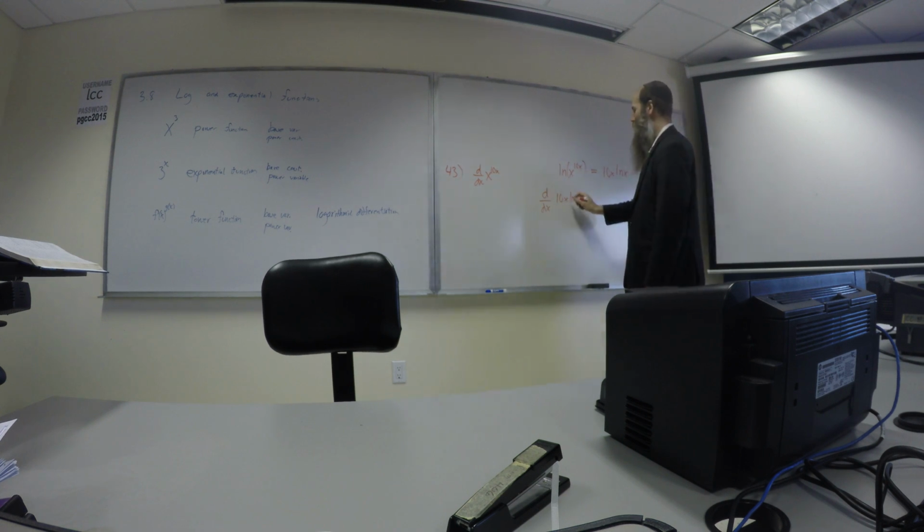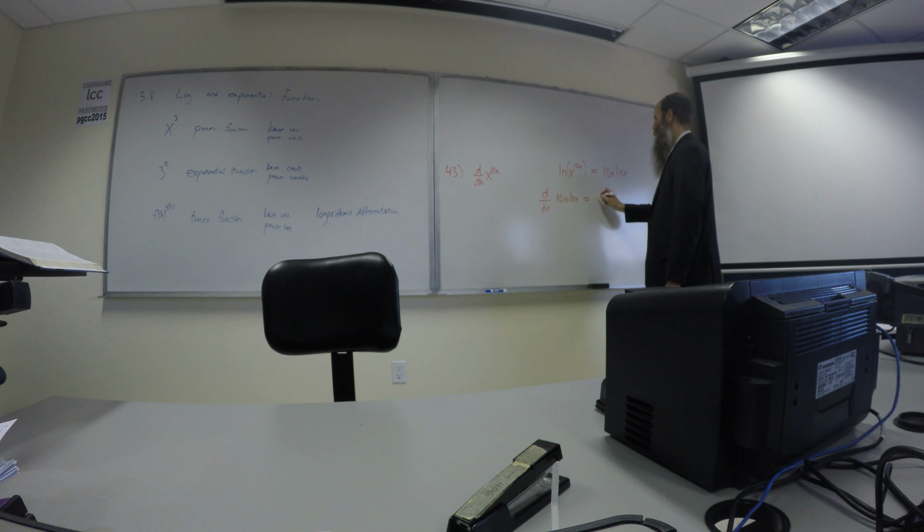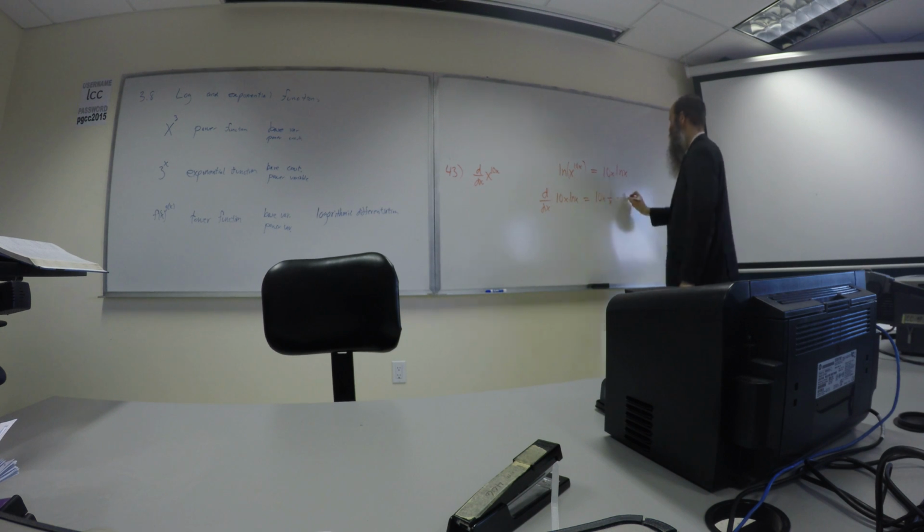So this is fairly straightforward now, it's just a product. So you should get the first, times the derivative of the second, plus the second, ln x, times the derivative of the first, 10.